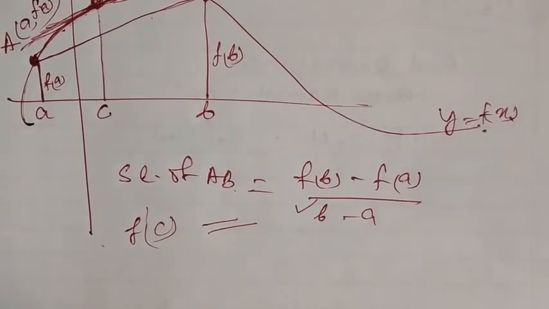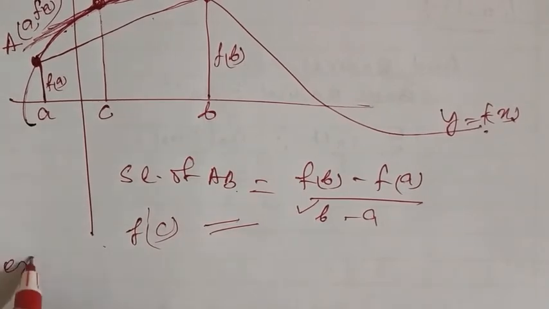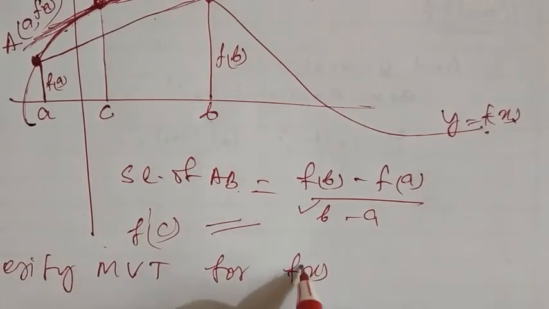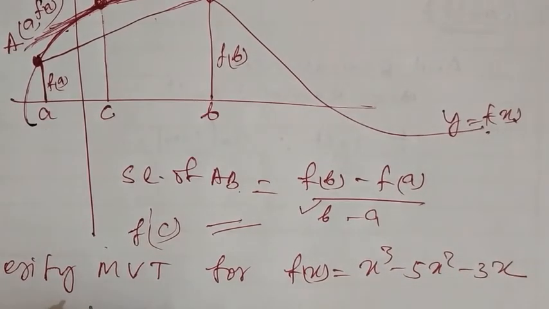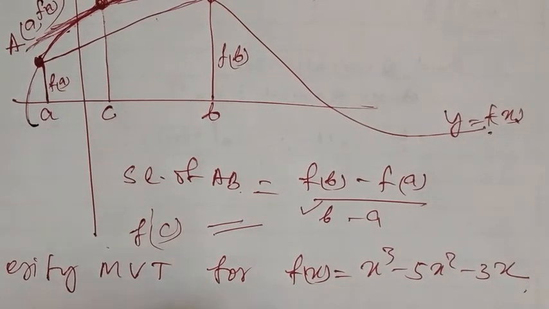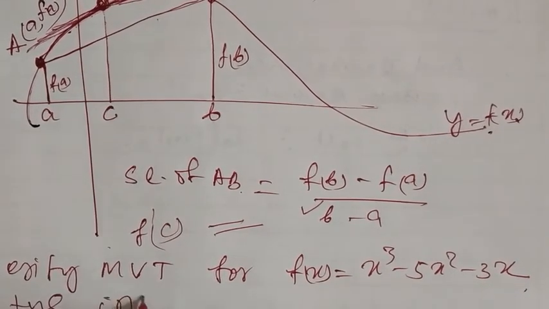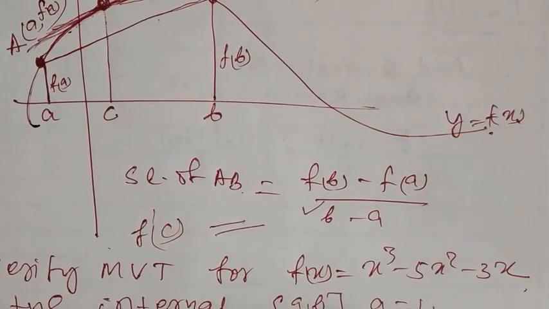Now, this is question number 4. Verify mean value theorem for fx is x cube minus 5x square minus 3x, in the interval AB, where A is 1 and B is 3.